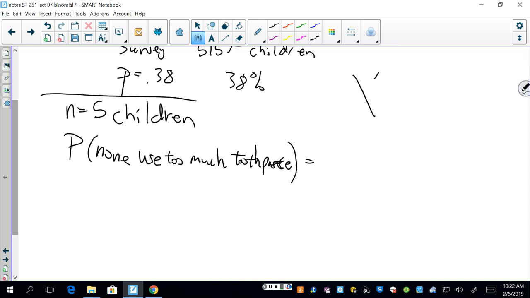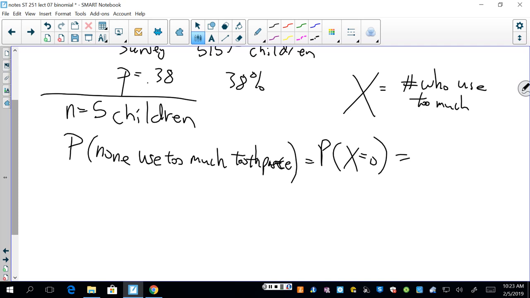If X is the symbol for the number who use too much, that's the probability that X equals 0 in this case. Right? What do you think the probability, how would we calculate that probability?